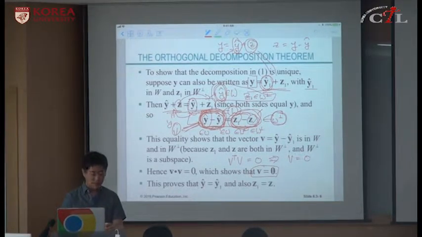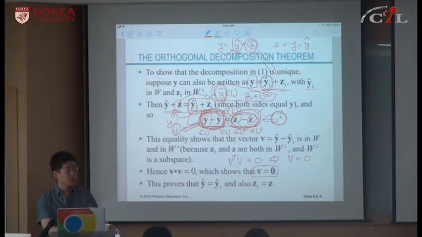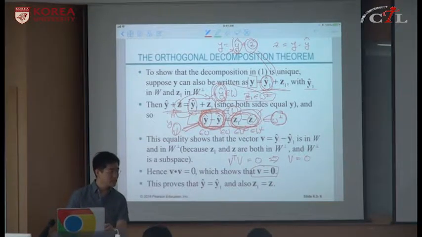Okay, so again the conclusion is that this orthogonal decomposition is always unique. So this y hat is always uniquely determined, and thus accordingly z is also uniquely determined.